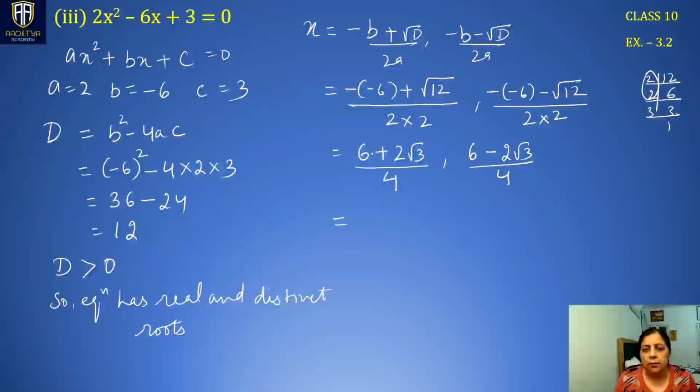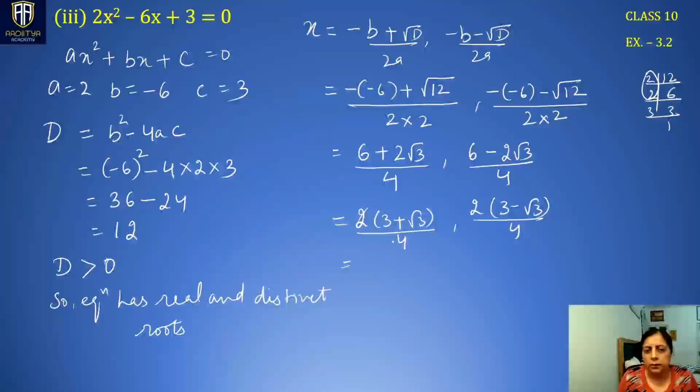Now we can see that 2 is common to both the terms in the numerator, so I am taking 2 common. So we are left with 3 plus root 3 divided by 4. Here also I can take 2 common. 3 minus root 3 divided by 4.